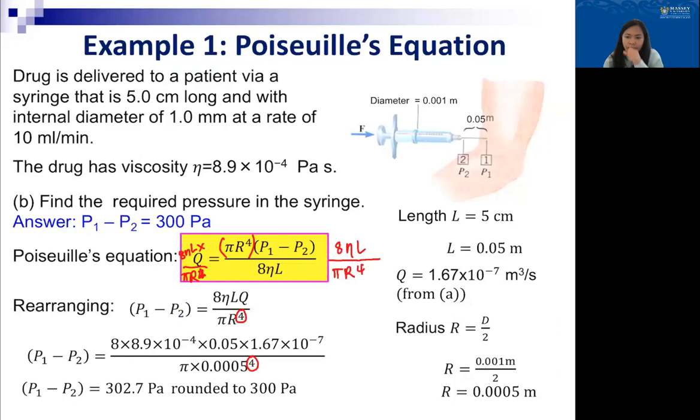So can we use Bernoulli's for viscous fluid? Yes, Bernoulli's equation is also valid for viscous fluids because Bernoulli's equation relates pressure, speed, and elevation. If you think about a viscous fluid, if you change the elevation, then the pressure would also change.